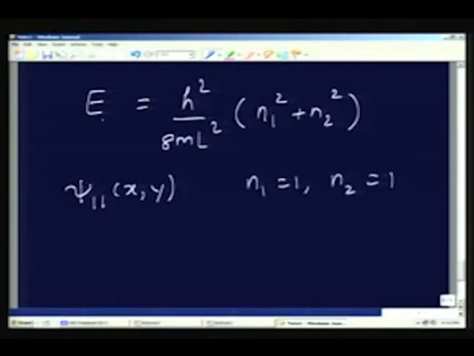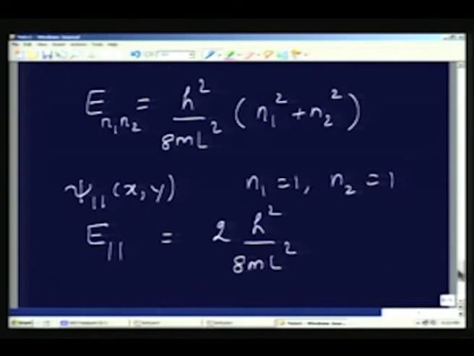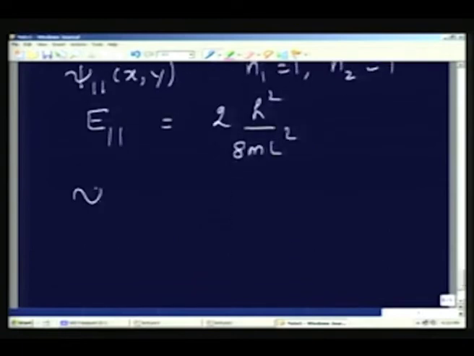Therefore, E, let me also put the n1 n2 here to index the energies according to the numbers that we put in, E11 is 2 times h square by 8 m L square. Psi 11 is obviously 2 by L sine pi x by L sine pi y by L, with n1 equal to 1.